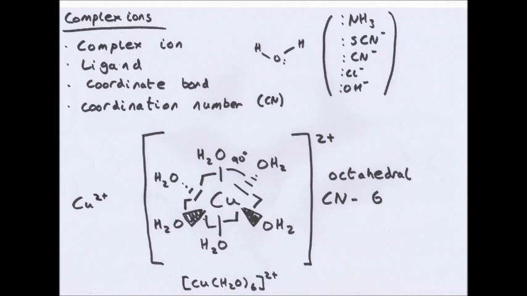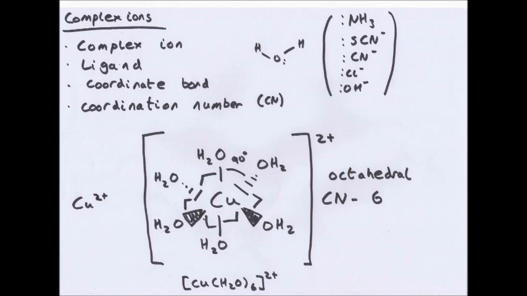And I've said Cn, which is a bit confusing because I said cyanide earlier. Cn for coordination number is 6 because there are 6 bonds. Now the ion is Cu2+. Water has no charge, so the overall charge of the complex ion, which you put in brackets, is 2+. If all of these were hydroxide ions, 1-, they count to the charge.